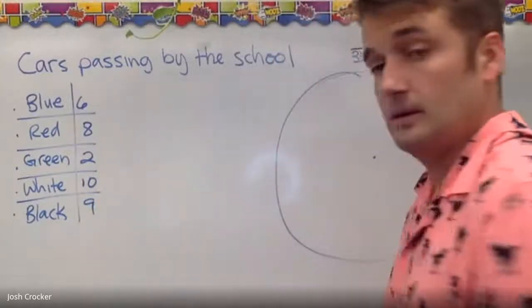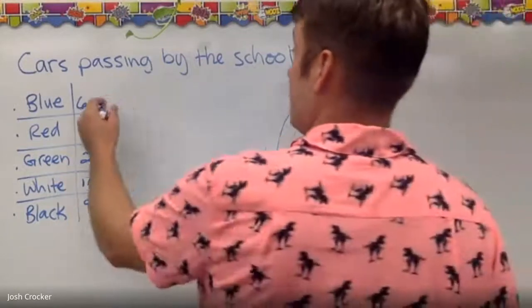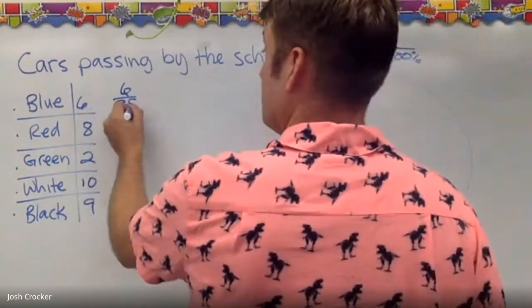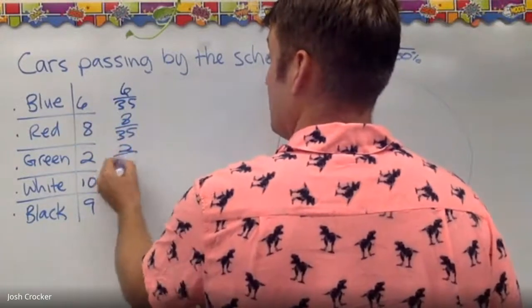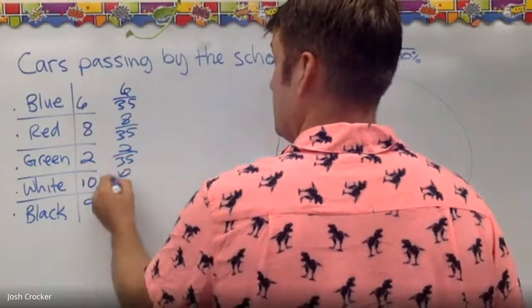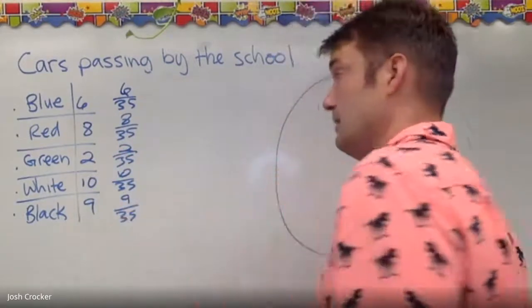So my total is 35. That means that I had 6 out of 35 blue, 8 out of 35 red, 2 out of 35 green, 10 out of 35 white, 9 out of 35 black.